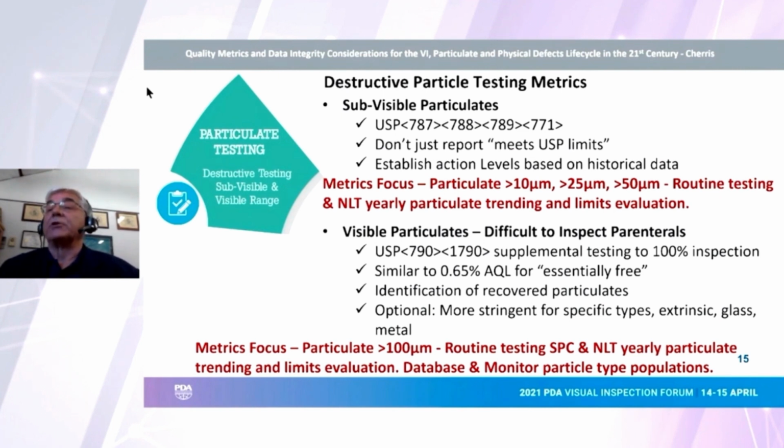The optional information is to more stringently look at other specific types if required, such as extrinsic, glass, and metal. So this is the particulate destructive testing for both subvisible and visible, and your metric focus here is particulates greater than 100 microns, routine testing for SPC, and not less than yearly particulate trending and limits evaluation. So also, it's important to database and monitor these particle type populations.